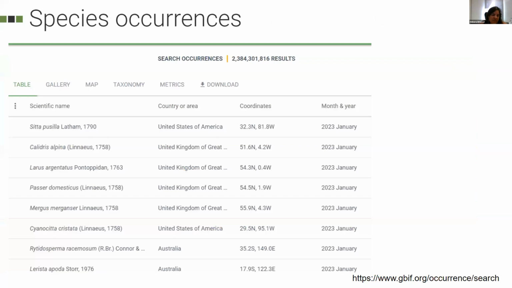And if we take a look, what we find mainly is the scientific name, the where, and the when. And this is really valuable, but the data model that is used nowadays and the index system do not fully accommodate the representation of biotic interactions data.